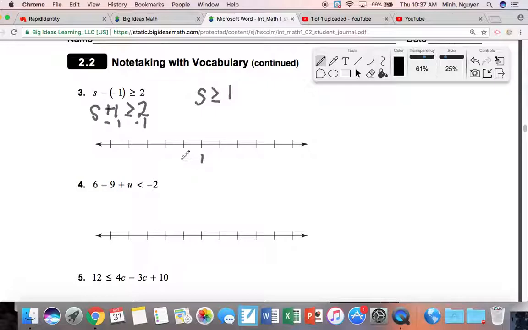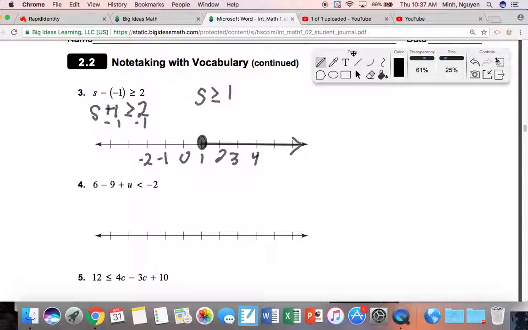So let's say 1, 0, negative 1, negative 2, 2, 3, 4. Greater than or equal to, that means this has to be filled. What numbers apply? 2 is greater than 1, so if that's true, then I will go in that direction. And it is true, so I will go in that direction.